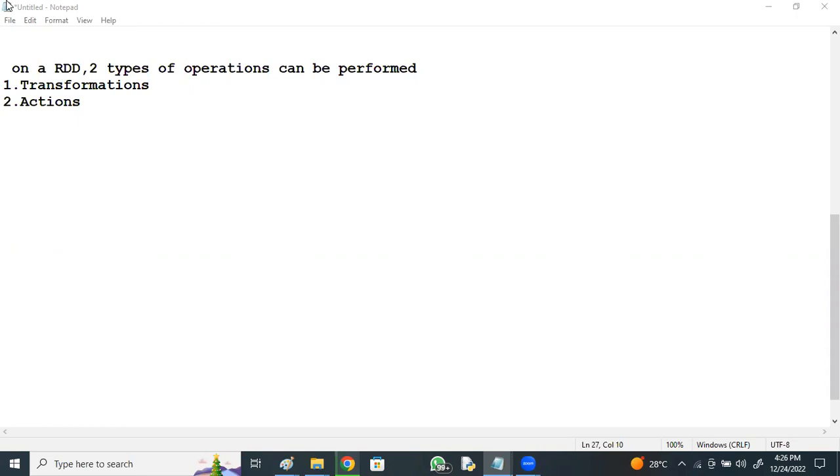Observe the RDD computations. On an RDD, two types of operations can be performed: transformations and actions. First one, transformations. Three types of transformations.